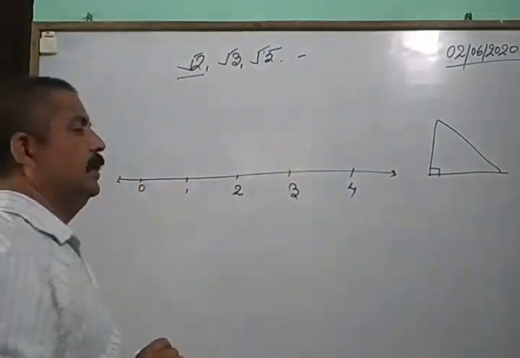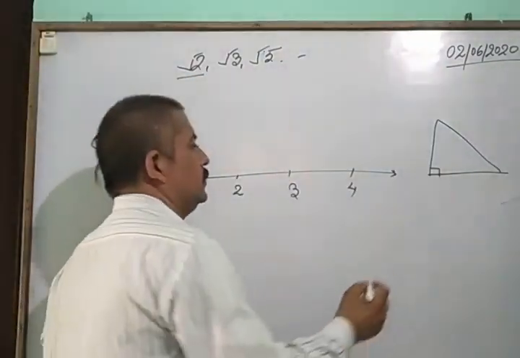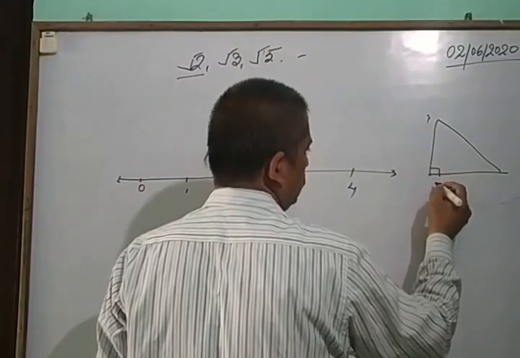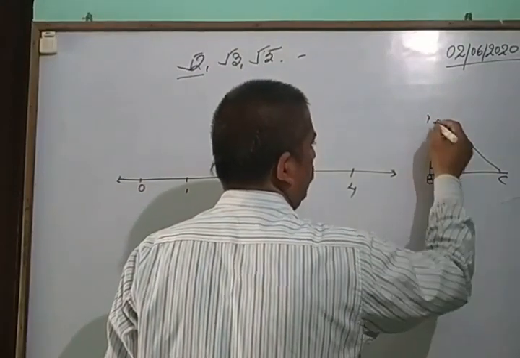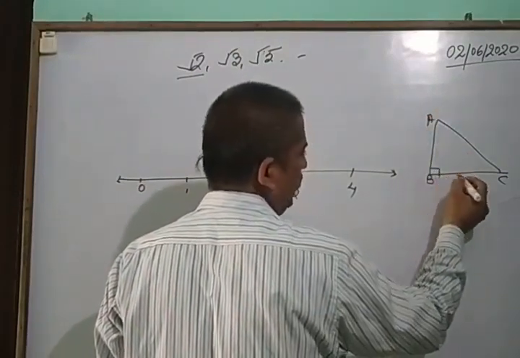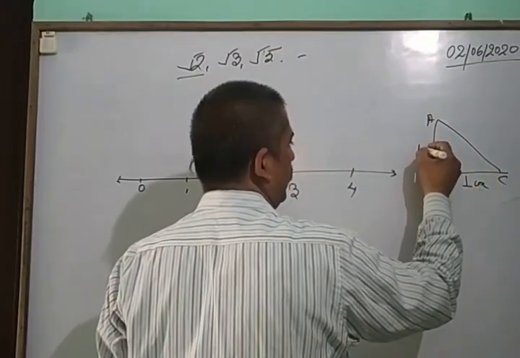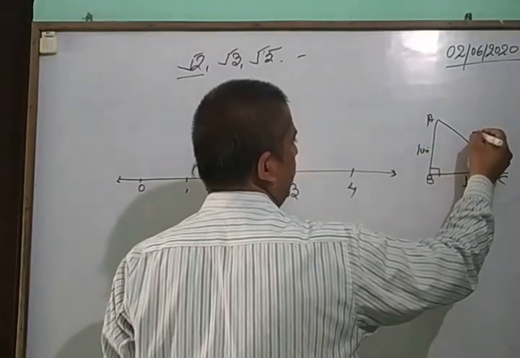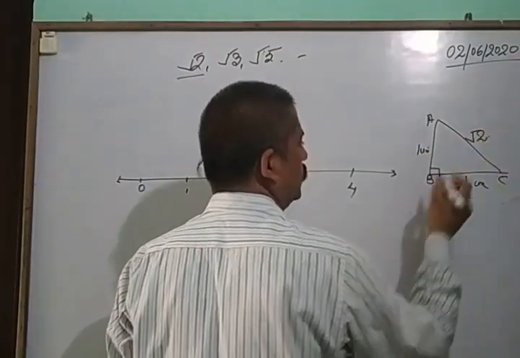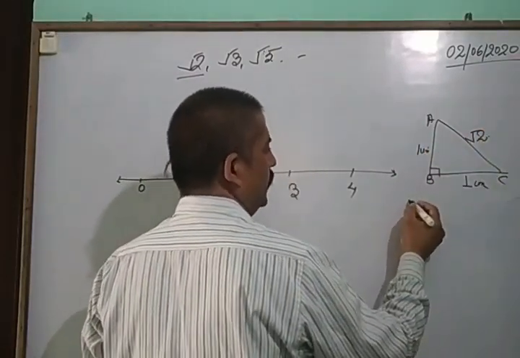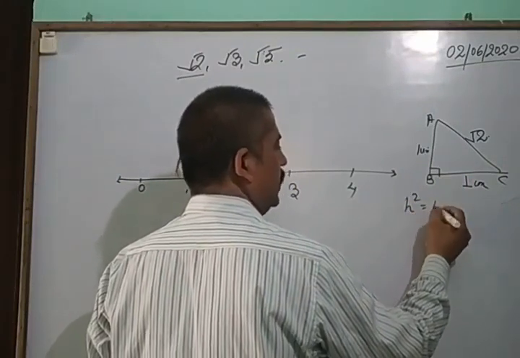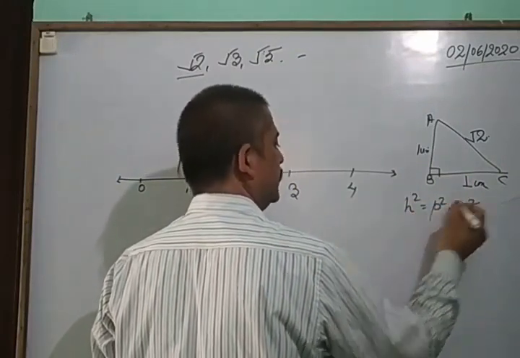How to make root 2? By the Pythagoras theorem, in a right angle triangle we take the base as 1 unit and the perpendicular as 1 unit, and in that case the hypotenuse is root 2, because h square is equal to p square plus b square.